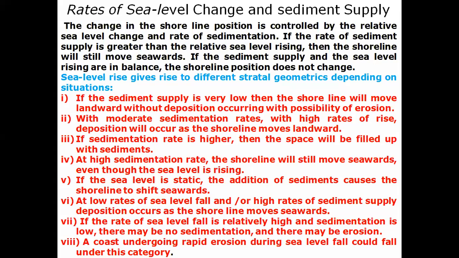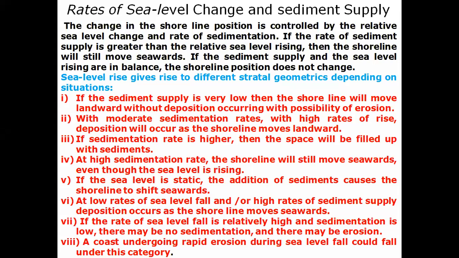So sea level rise gives rise to different stratal geometries depending on situations. That means the sequence which will be formed depends on the sea level rise and the rate of sediment supply. If the sediment supply is very low, then the shoreline will move landward without deposition, occurring with the possibility of erosion.